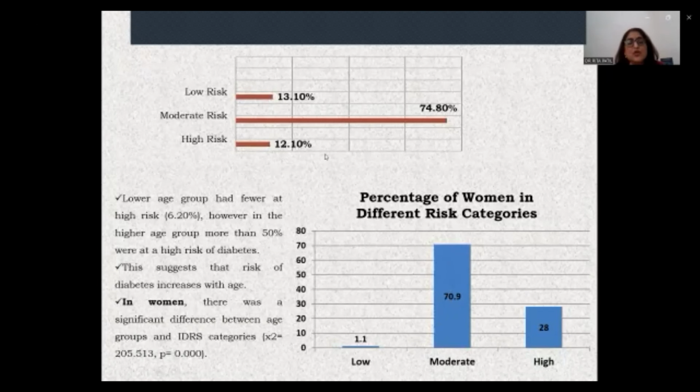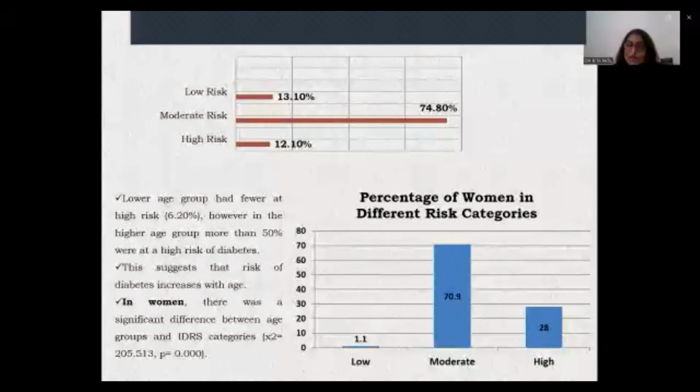In men, 12.10% were at high risk and 28% were at high risk in women. So when we look at men, we find that 74 and 12, that's 86%, will be at risk for diabetes, and almost 98% of women were at high risk of diabetes.